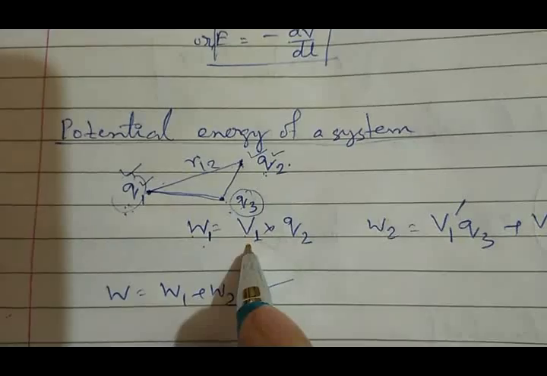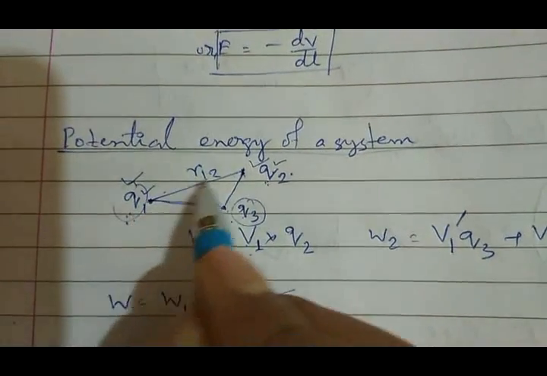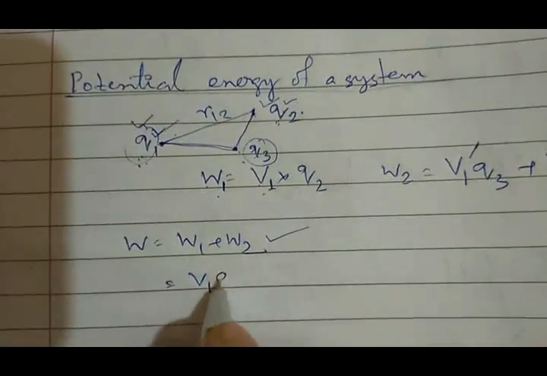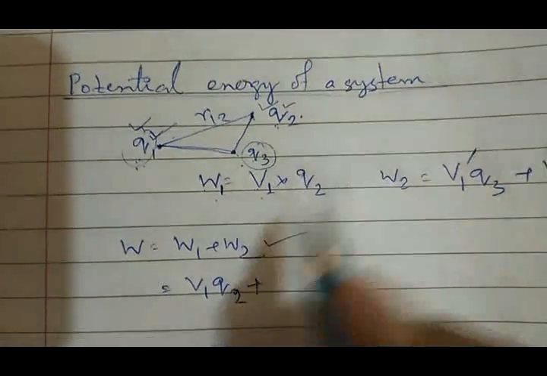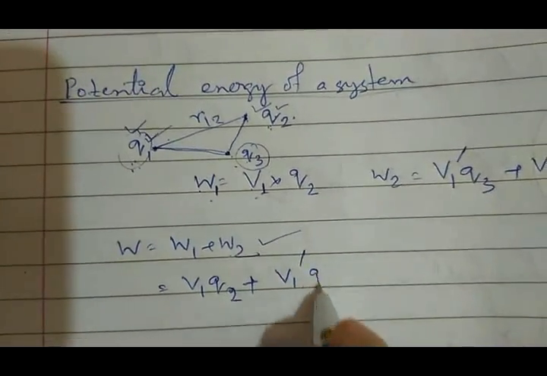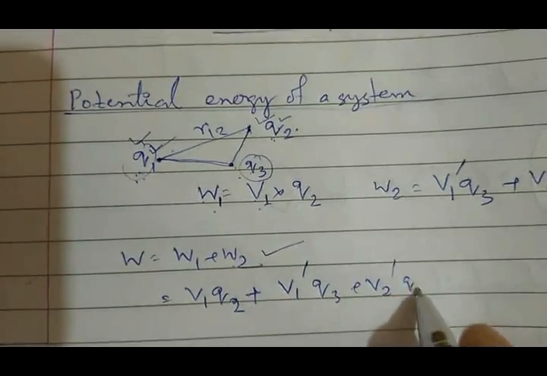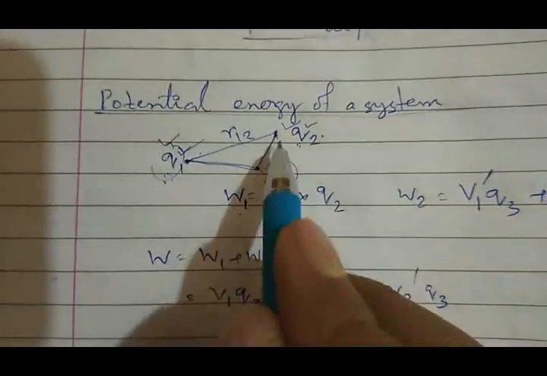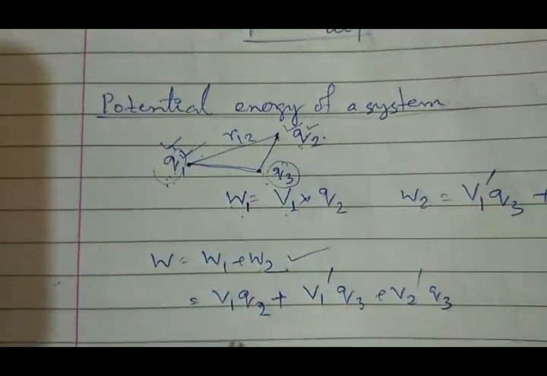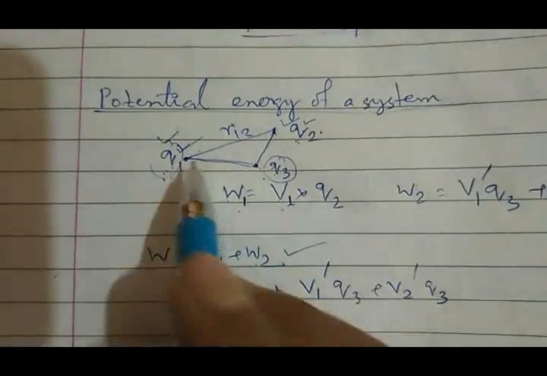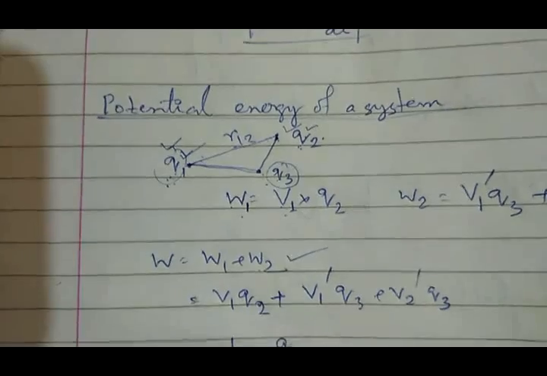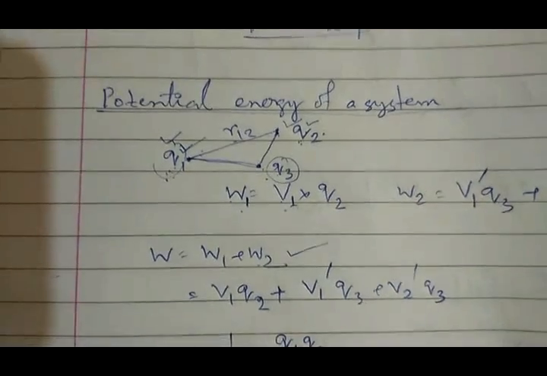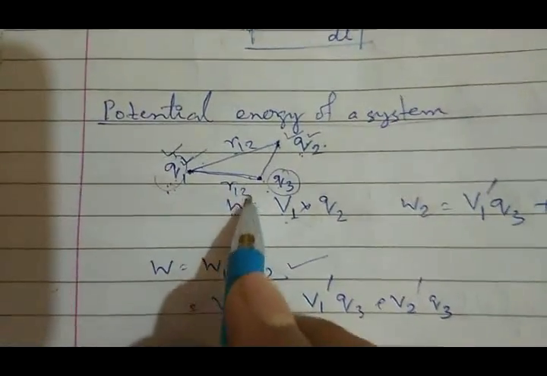Now V1 is the potential at this point due to this charge, so first we just put the value: W equals V1 Q2 plus V1 prime Q3 plus V2 prime Q3. Now we'll put the values of V1, V1 prime and V2 prime. V1 is the potential at this point due to Q1, which will be 1 by 4 pi epsilon naught times Q1 divided by the distance R12, and this is always there, times Q2. Now say this distance is R13 and this distance is R23.